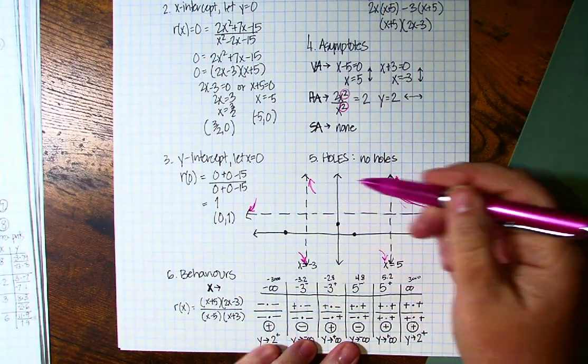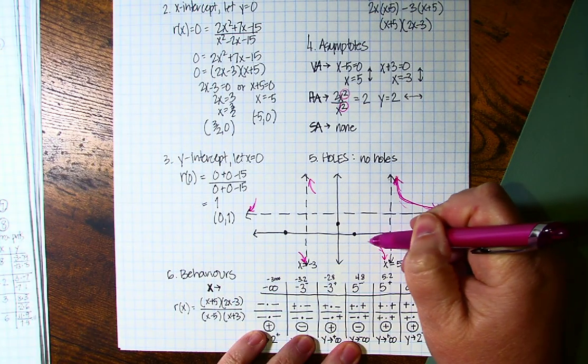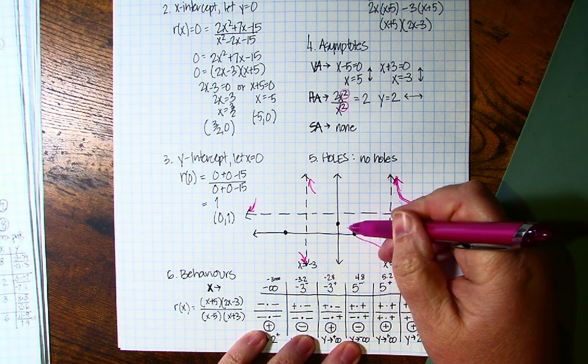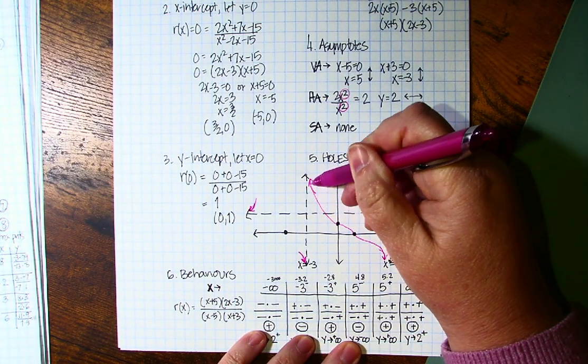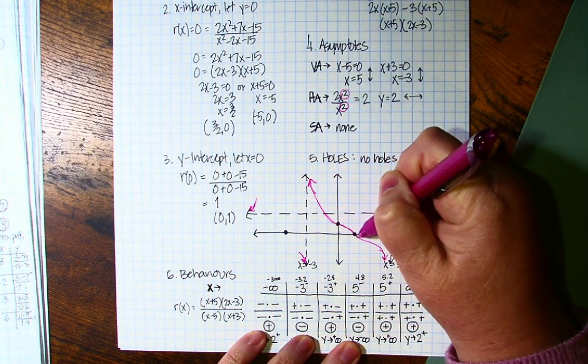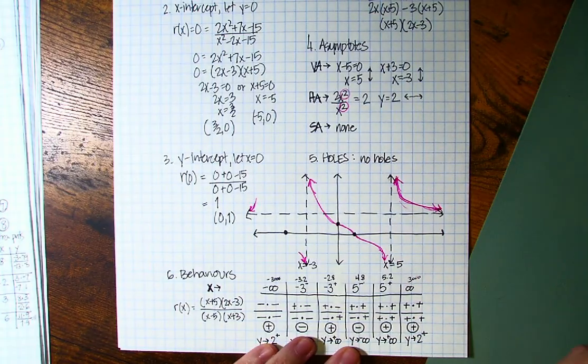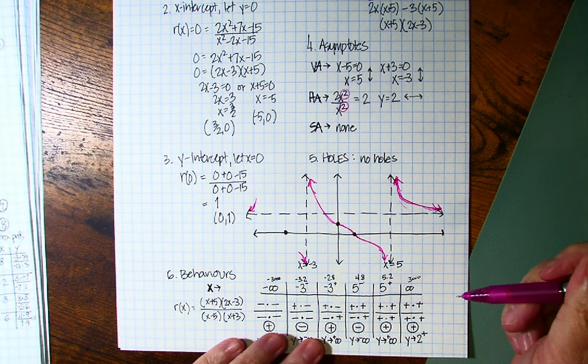If we look at the middle section, you can see how it starts way down low, but it has to go through this point 3/2, and it has to go through that point 0.01, and from there it's going to go up. Something like that. It doesn't need to be perfect. It's not going to be a straight line. It is a curve, but it does need to do that.